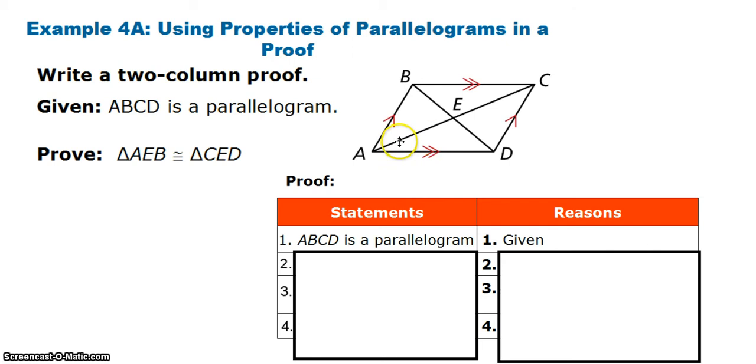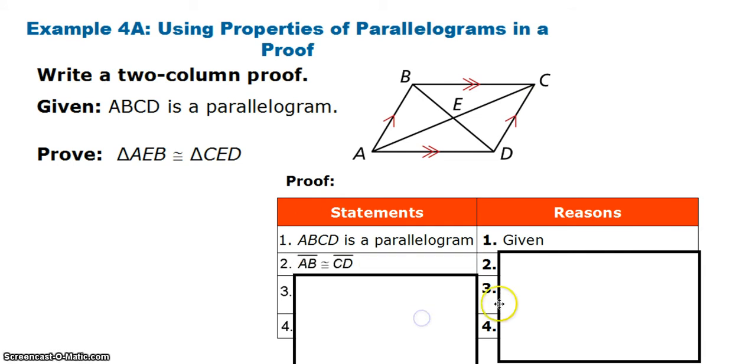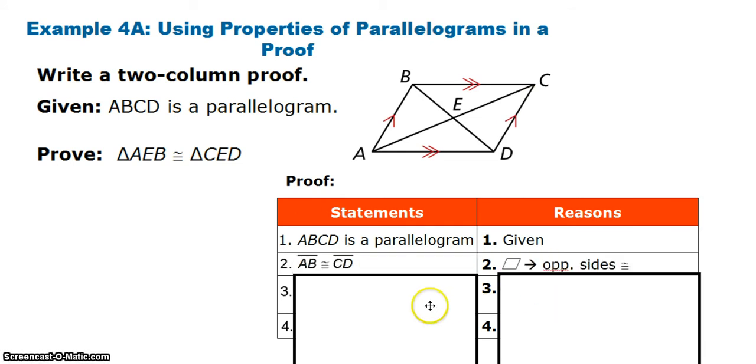So in this case, begin by saying that AB is congruent to CD, right? And that's because opposite sides in a parallelogram are congruent. And so we now have that side. Can we prove that AE is congruent to CE? And yes, we can, because they're diagonals, right?